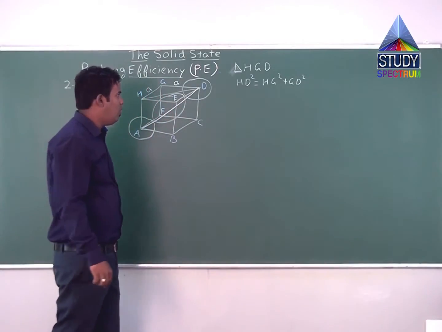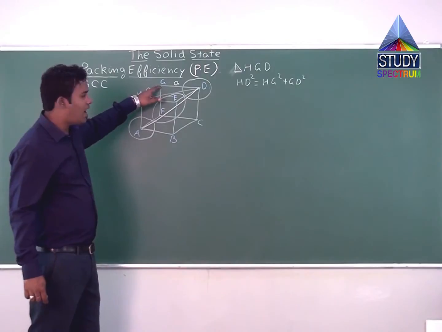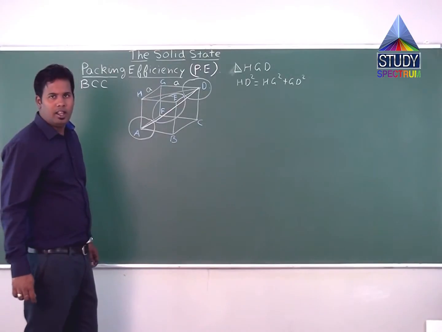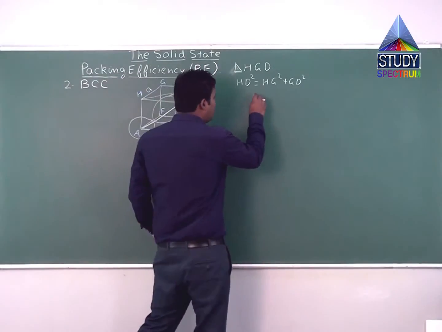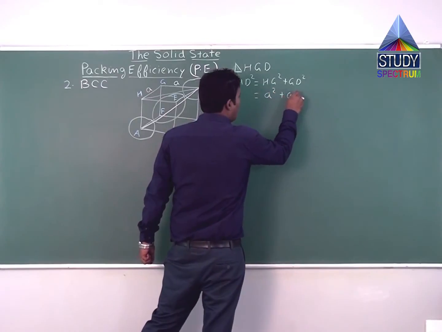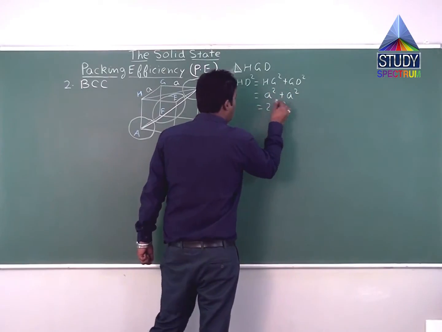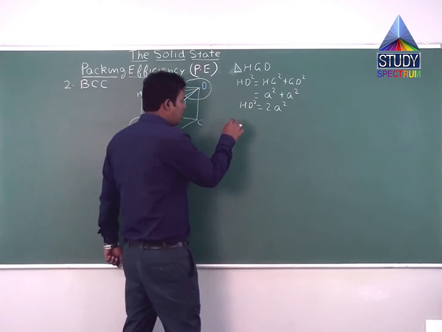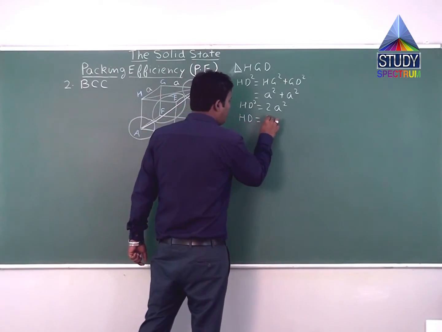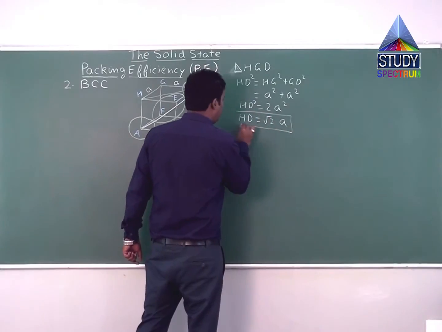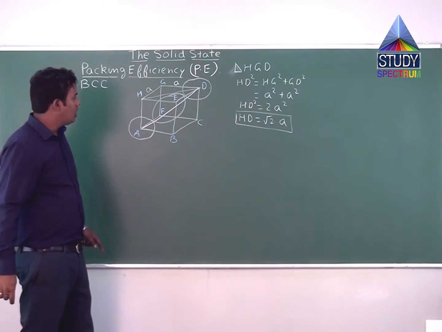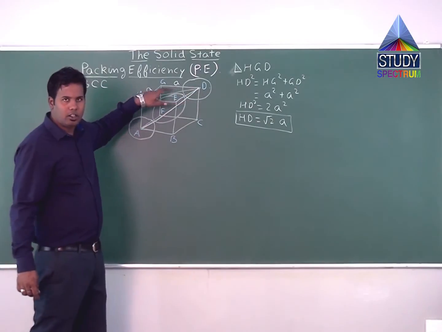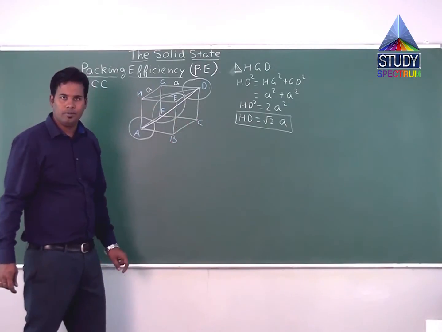Correct? Now if I substitute HG as small a and GD also as small a, then this becomes a square plus a square, which is equal to 2a square. HD square is equal to 2a square. And if I take the root, then HD becomes simply root 2 a. Correct? So finally I have the diagonal of the top face, HD, as root 2 a.